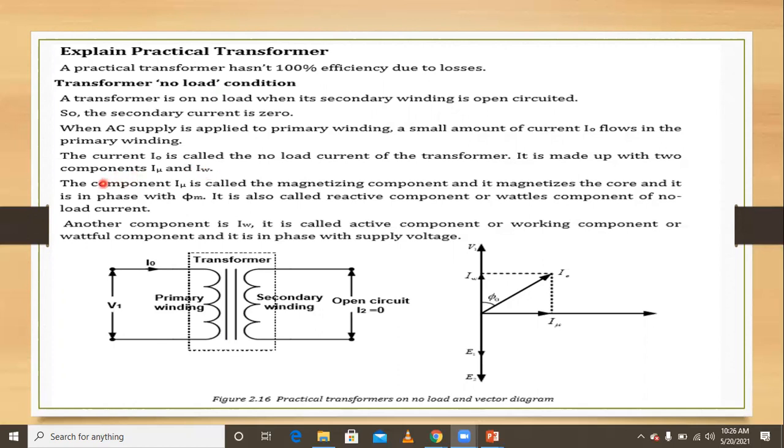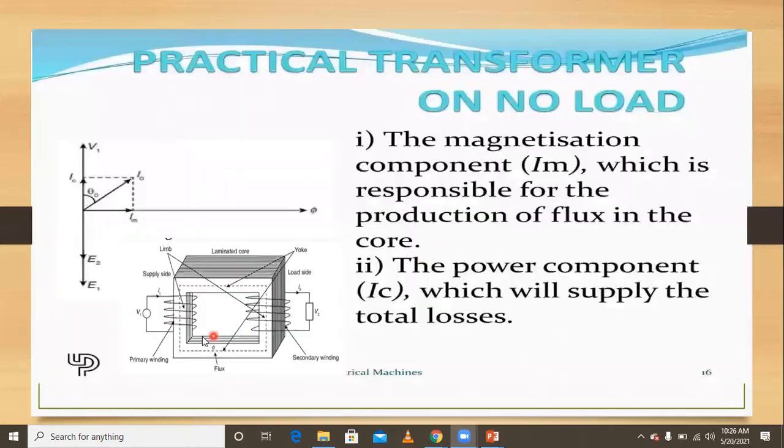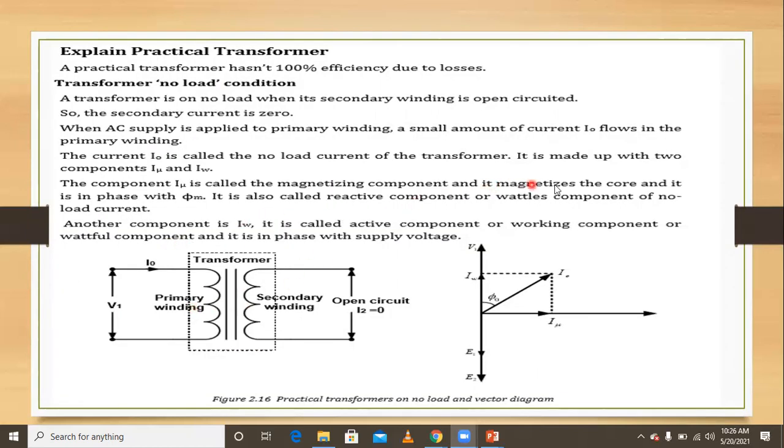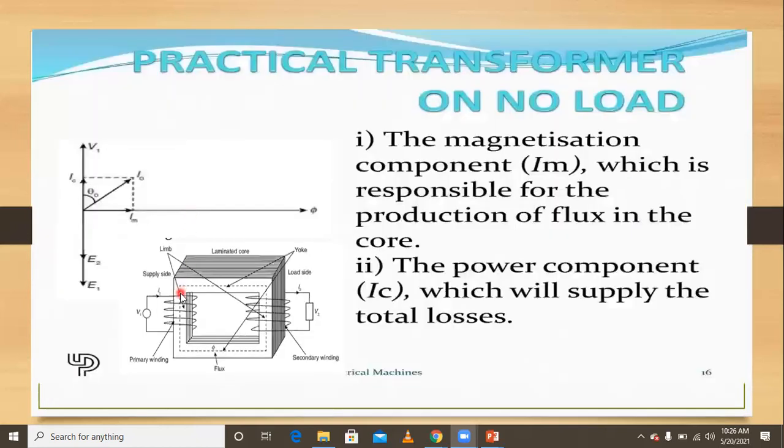The component Imu is called the magnetizing component, and it magnetizes the core. The primary core of the transformer is magnetized because of this magnetizing current Imu, and it is in phase with phi m. This flux is developed because of the magnetizing current.